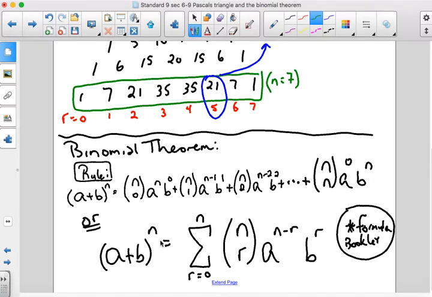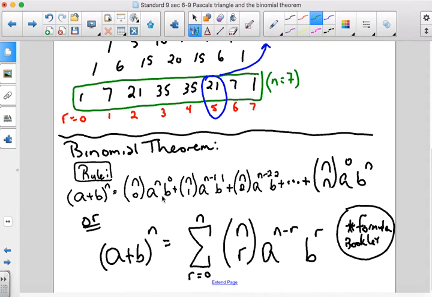An alternate way of writing this would be the summation, sigma, when r is 0 to n, of a to the n minus r, b to the r. So, in this case, when r is 0, I got n minus 0, which is why this was n.